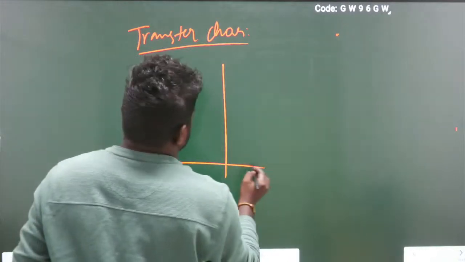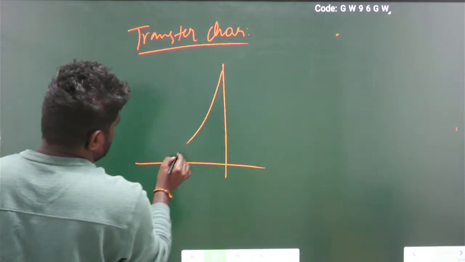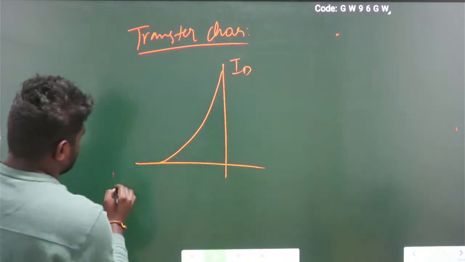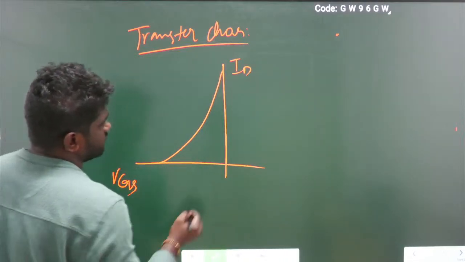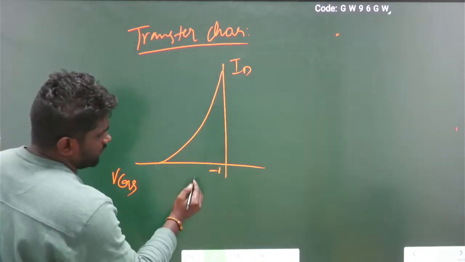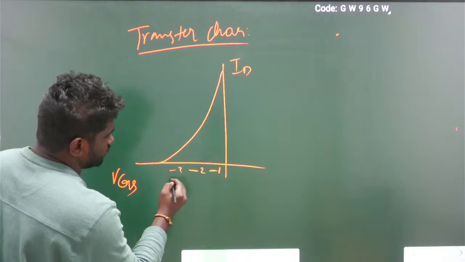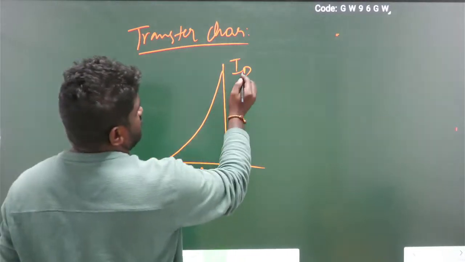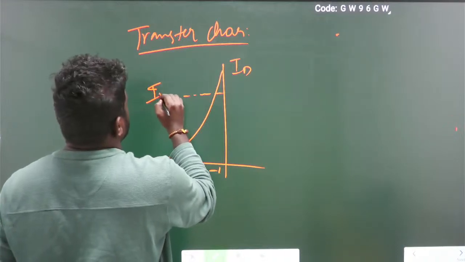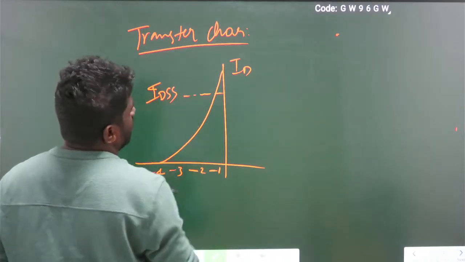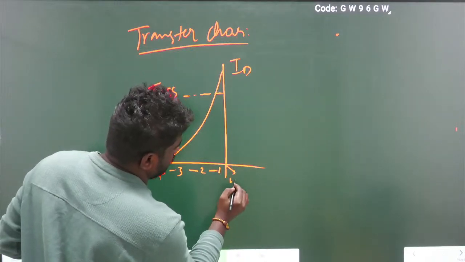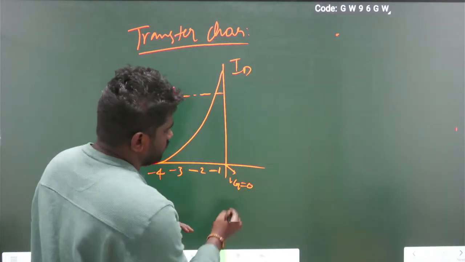So this is ID, this is VGS. Okay? I am taking the negative values -1, -2, -3, -4. This is ID and this is called IDSS, at VGS equal to 0.